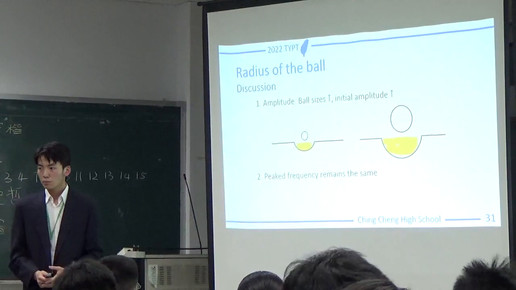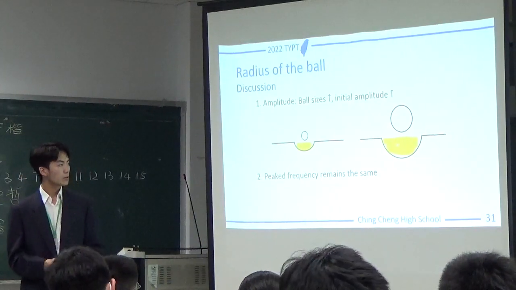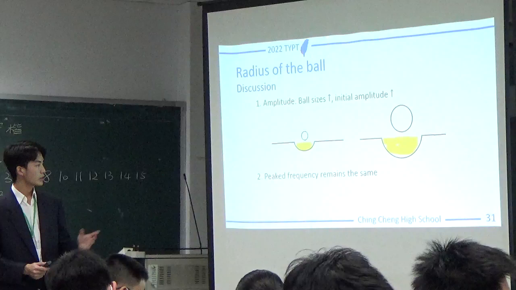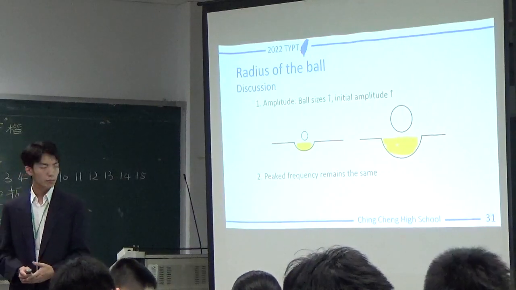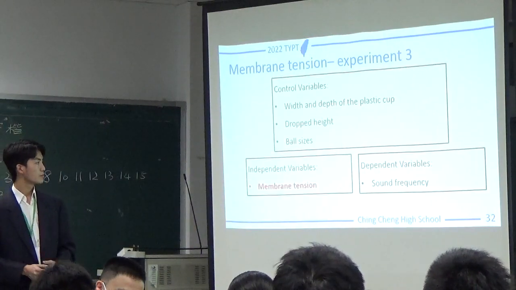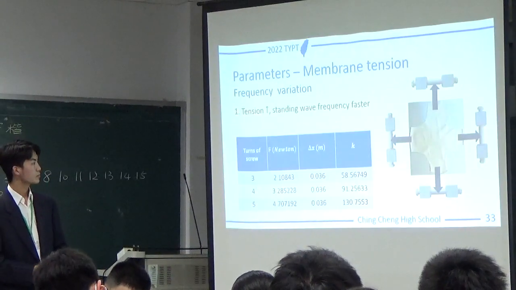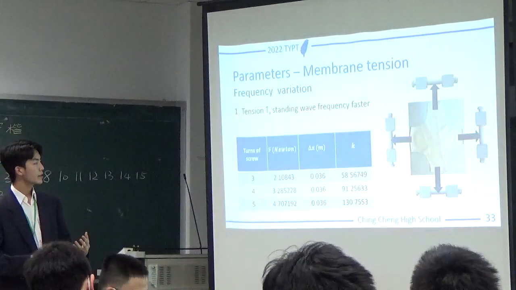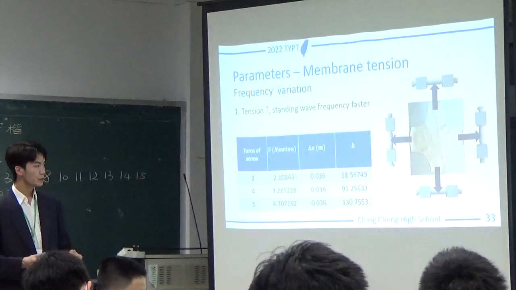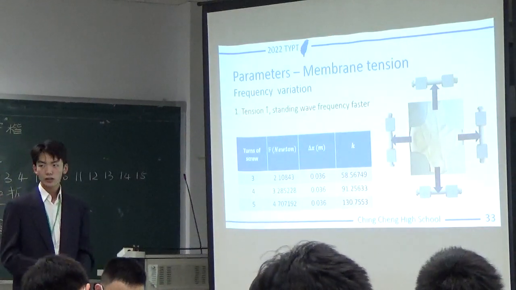And so for the third experiment, I'll experiment with different tension of our membrane. So this is the third experiment, in which I change the tension of our membrane. So a big reminder is that we change the number of turns of the screws to get different tension of our membrane.